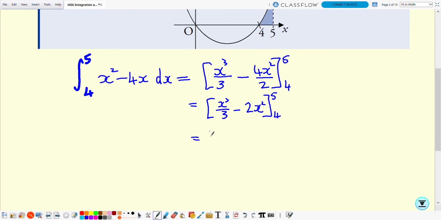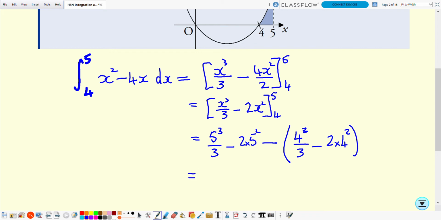So when we sub in, we're going to have 5 cubed over 3 minus 2 times your 5 squared. Now remember, when you're putting in your lower limit, you need to subtract the whole thing, so we need brackets around here. So we're doing subtract 4 cubed over 3 minus 2 times your 4 squared.